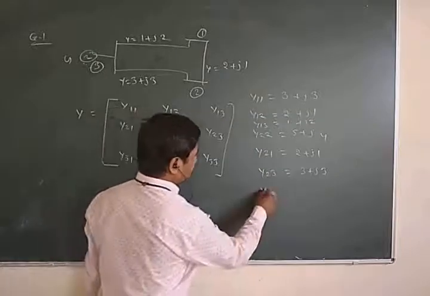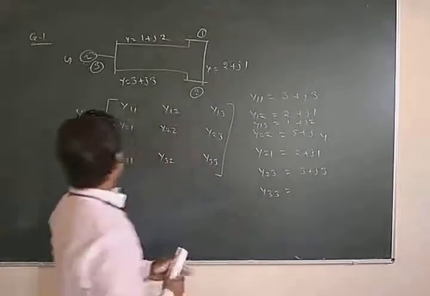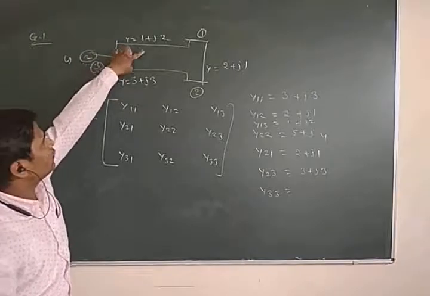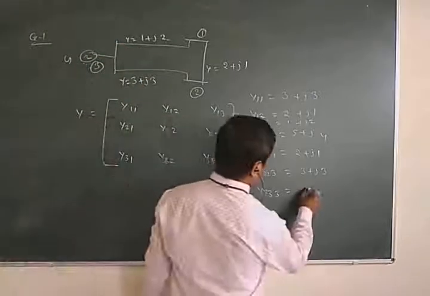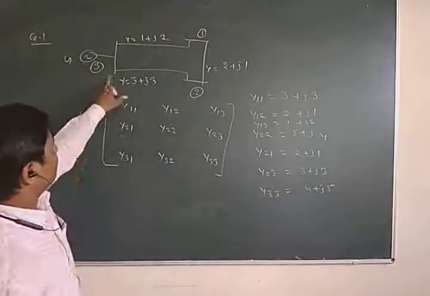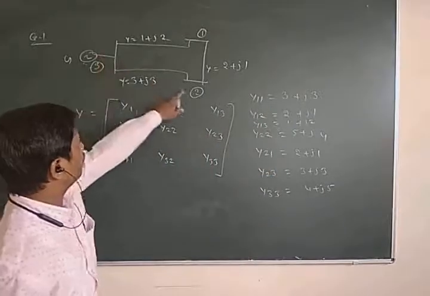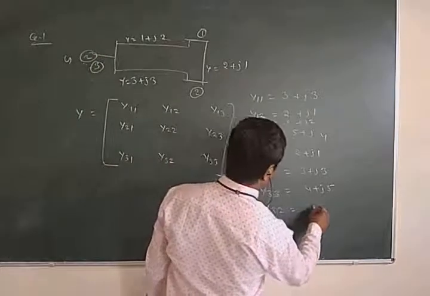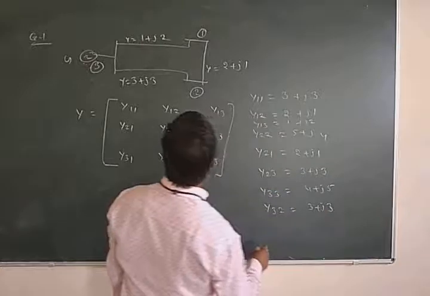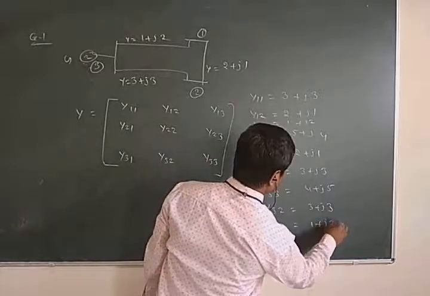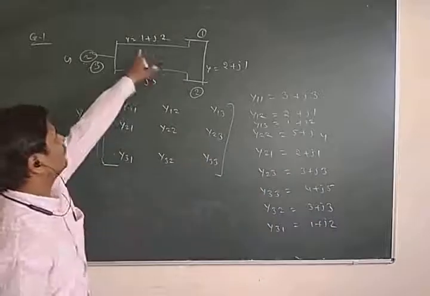Similarly at bus 3, Y33, the total admittance is 3 plus 1, 4 plus J5. Y32 is equal to 3 plus J3 and Y31 is equal to 1 plus J2.